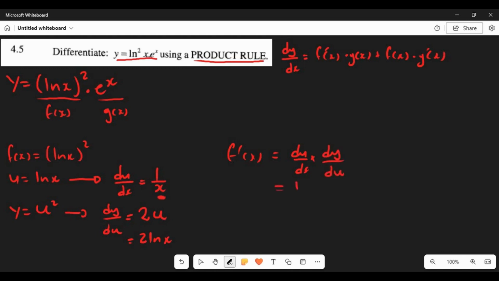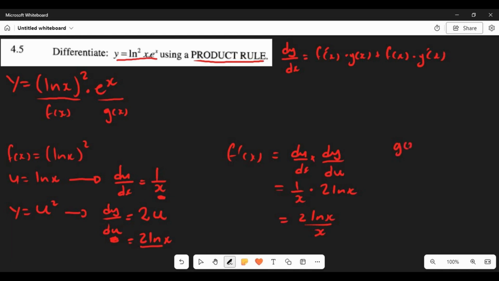Remember guys, this is it: 1 over x, multiplied by dy over du. dy over du is this one here, so we multiply by 2 natural log x. Basically, our differentiation for f prime of x is going to be 2 natural log x divided by x. Now we are done with this one.